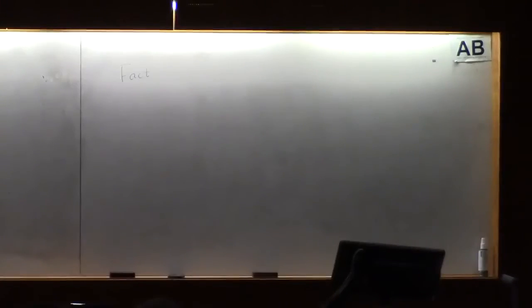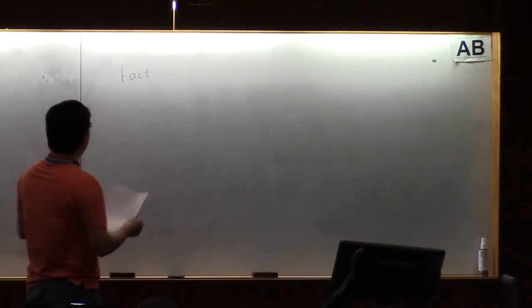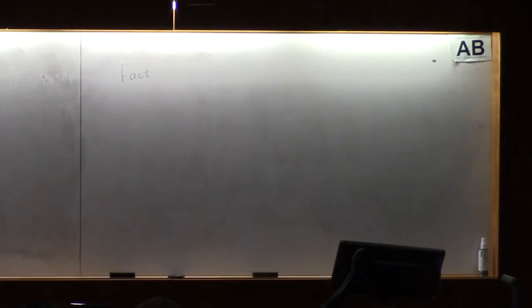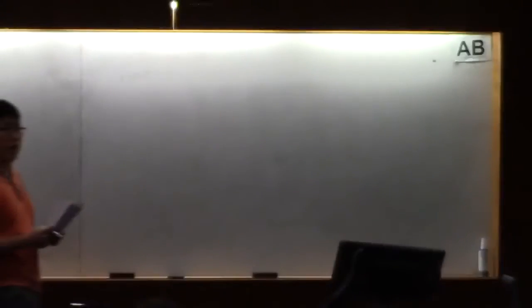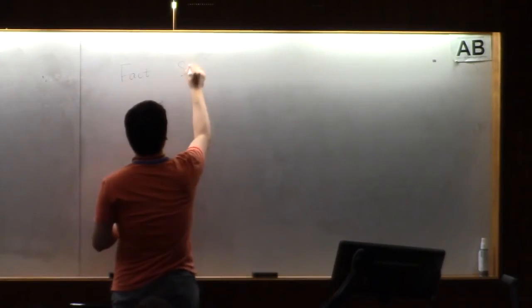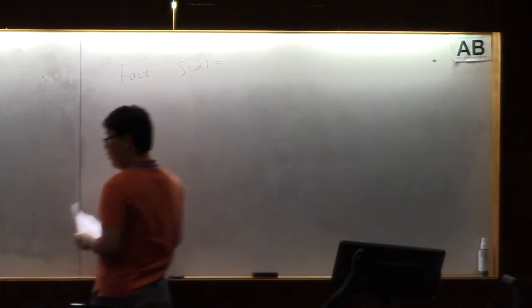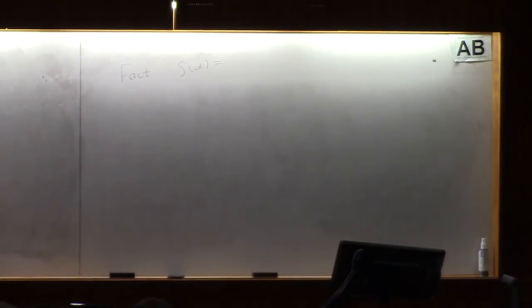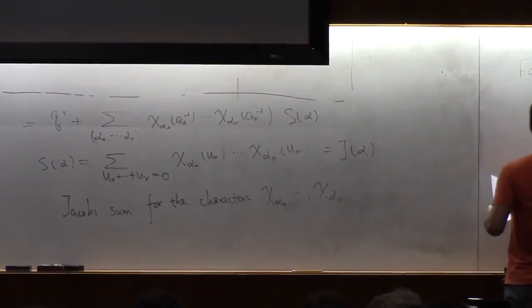And here I want to give you an important fact, which tells you that this Jacobi sum is closely related to the Gauss sum we defined at the very beginning. It's S alpha, or sometimes I denote it by J alpha, because it is called a Jacobi sum.